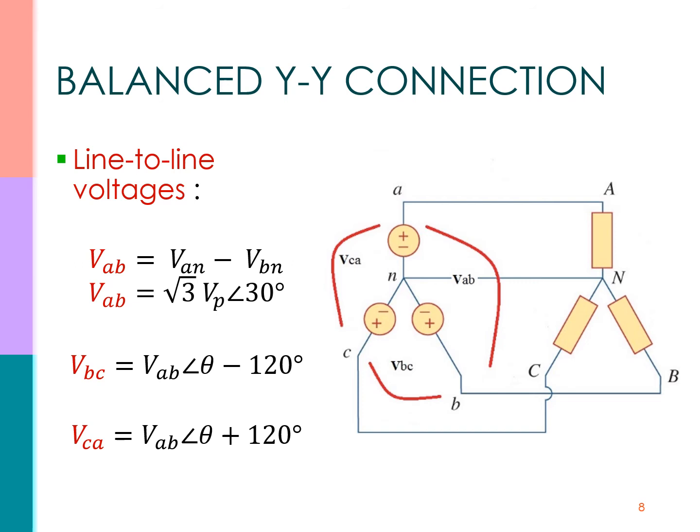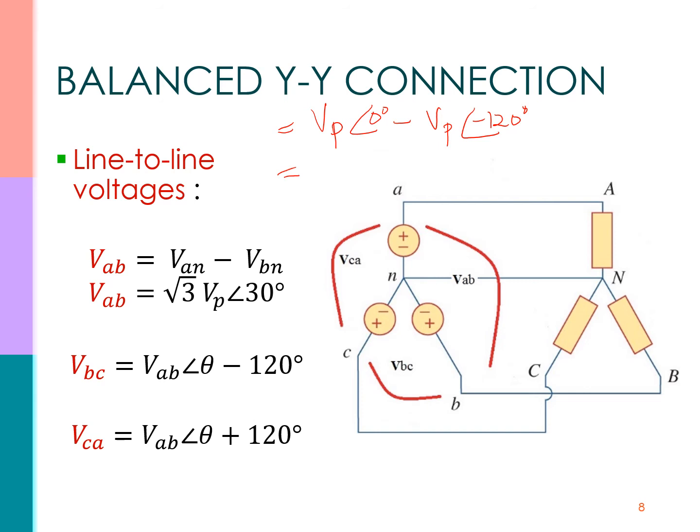VAB is equal to VAN minus VBN. From the calculation, VAN is V peak at 0 degrees minus V peak at minus 120 degrees.